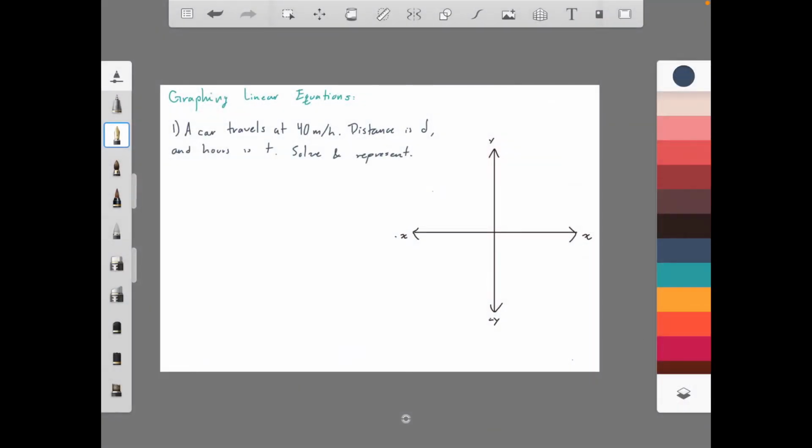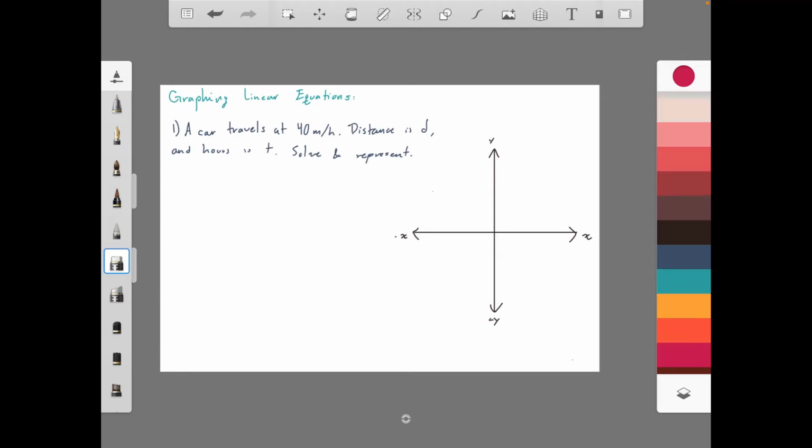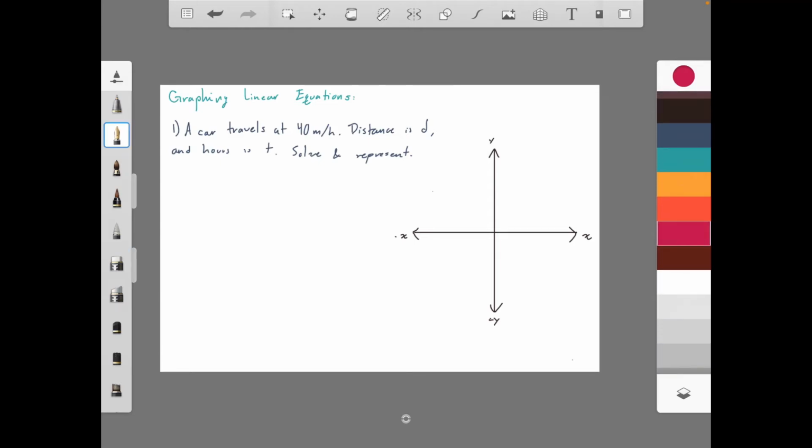I'm going to show how to graph linear equations using this two variable example. This was a problem we saw in the class of August 25th, so it is a very good exercise to explain the basics of graphing linear equations.